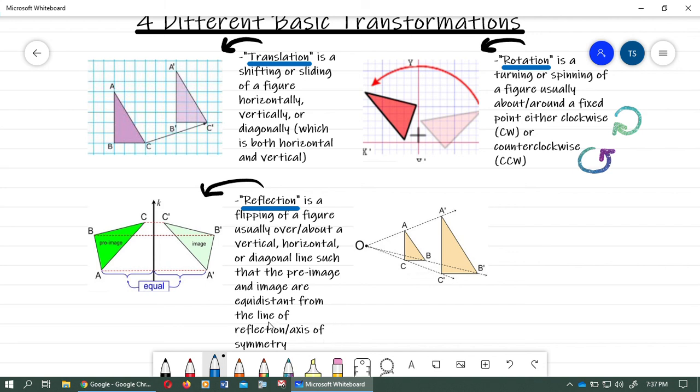the line of reflection. And again, guys, that line that is being reflected over or about is called a line of reflection. You can also refer to that line as an axis of symmetry. Now, guys, this is not the first time that you've heard of axis of symmetry, right?